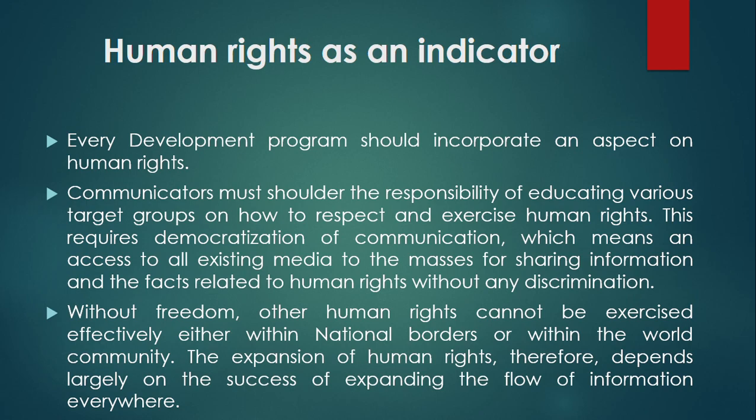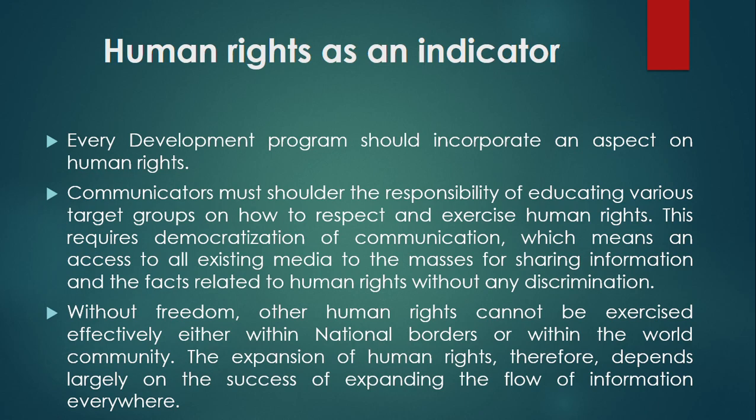After going through this video, I ask you to make a chart. I just want you to note down the GDP, GNP, Human Development Index and Happiness Index of any developed country, any developing country and any underdeveloped country, and also study the growth of communication in that particular country, that is the growth of ICT, and how human rights are being practiced and whether the people are aware of their human rights or not.